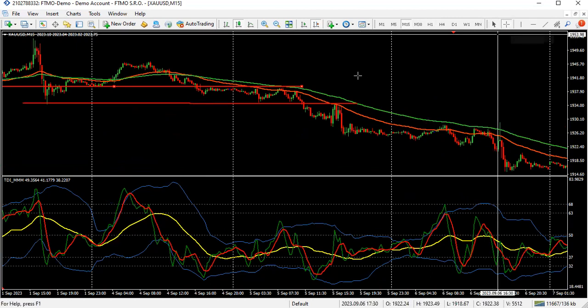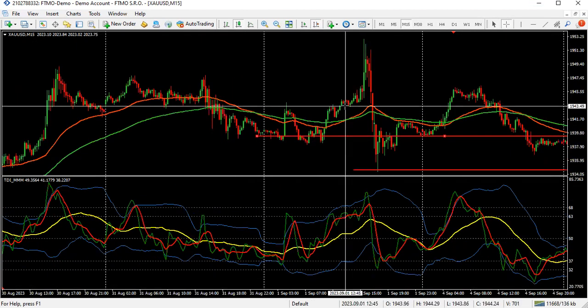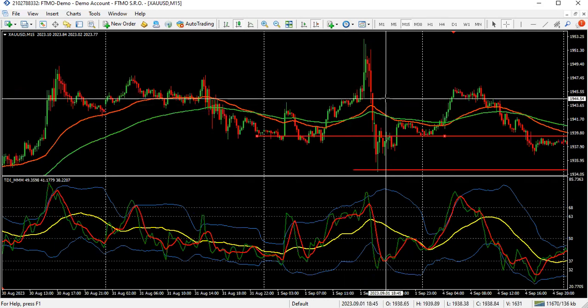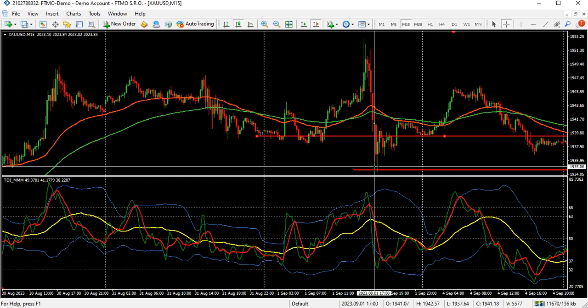One thing that I wanted to also mention with these different trends is that your entry on the bullish trend should be from the higher low.